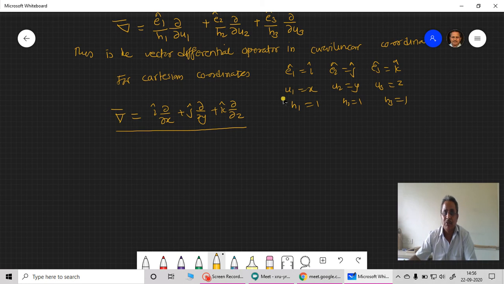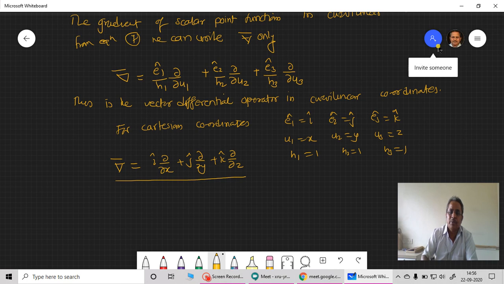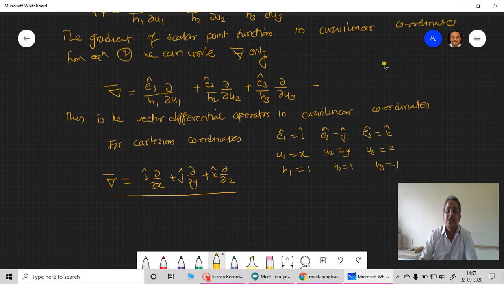So that is what we have derived from this. This is my vector differential operator, call it equation number 8. Remember this, this is our 8th equation, and that is important.